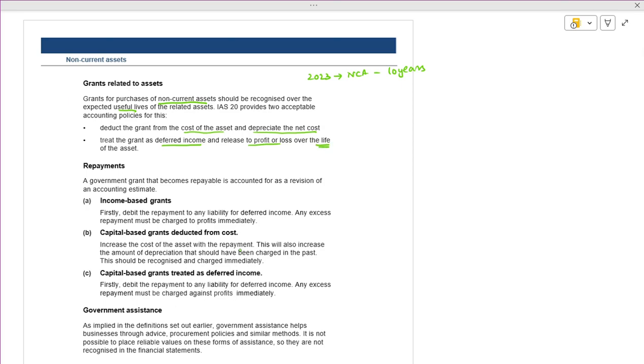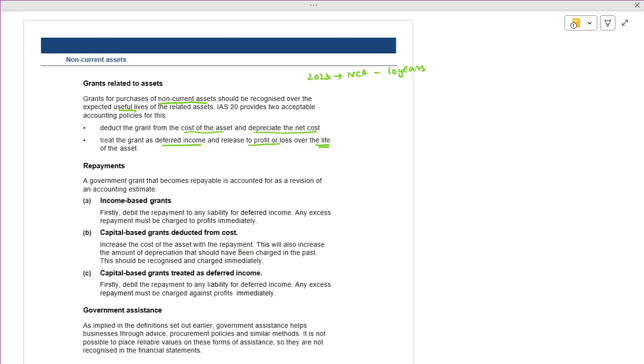Either you deduct the grant from the cost of the asset and depreciate the net cost, or if it is for 10 years, make it for 10 years. Every year proportionately you have to release it.